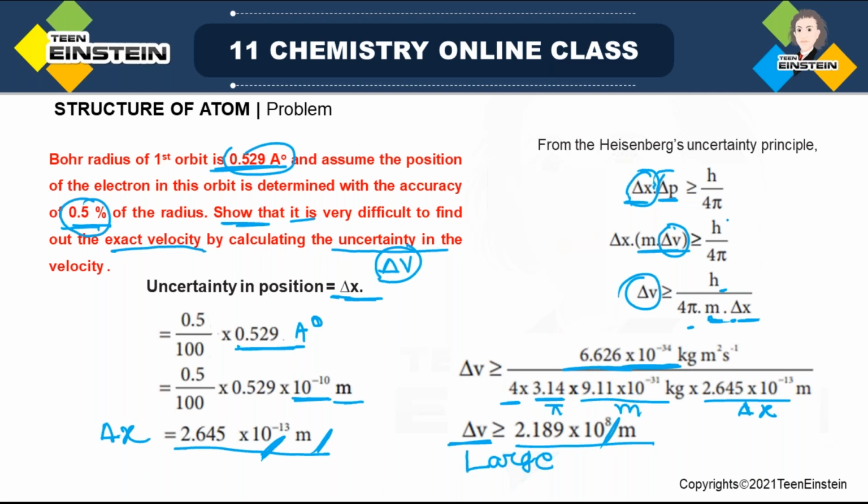Even without calculation you can understand. But as here it is asking to show, you have to find the del v value. Instead of saying show that it is very difficult to find, the question can also be written as find the value of uncertainty in velocity del v, or show that it is highly uncertain. All these things are basically the same.